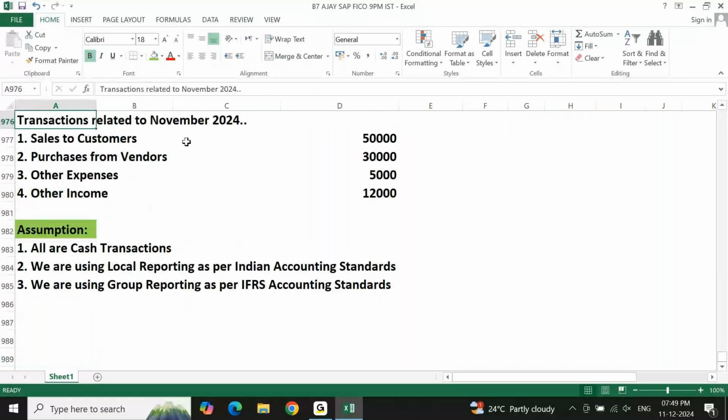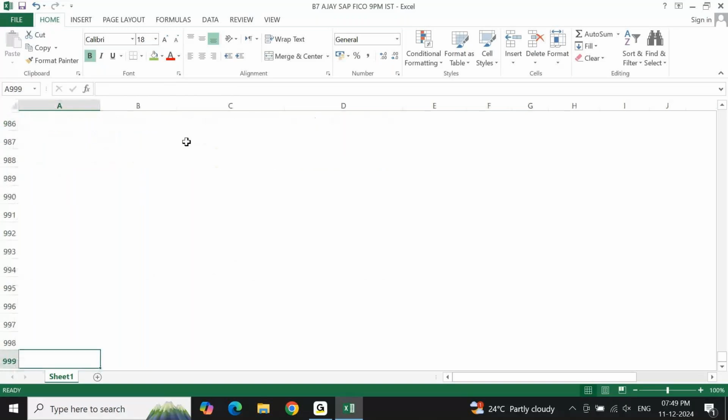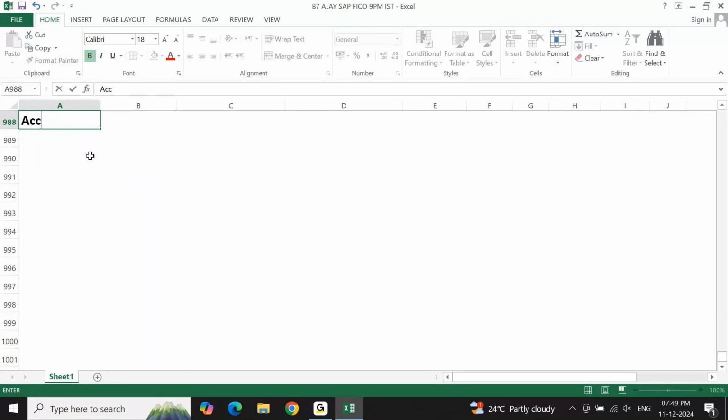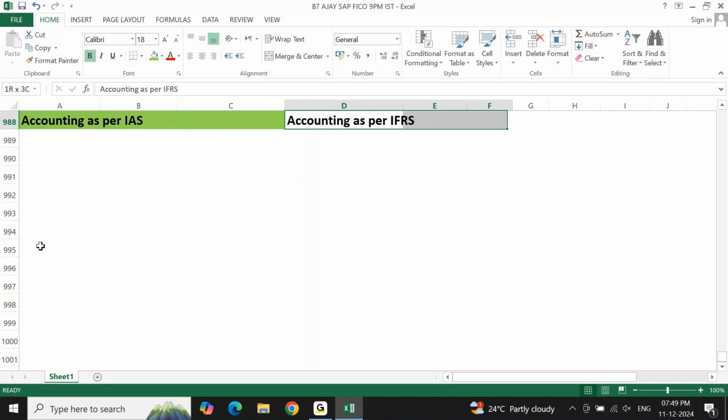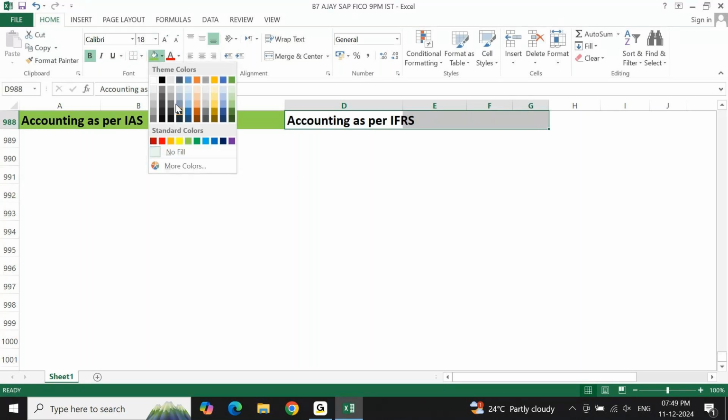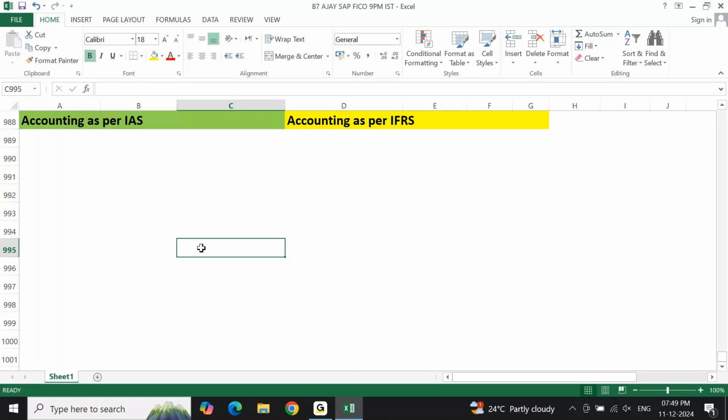First one is sales to customer. Now I'll put two headings here. Accounting as per Indian accounting standard. Second one, accounting as per IFRS. Let's highlight this here and this here. We are using two accountings here. One is according to IFRS, two is according to Indian accounting standard.